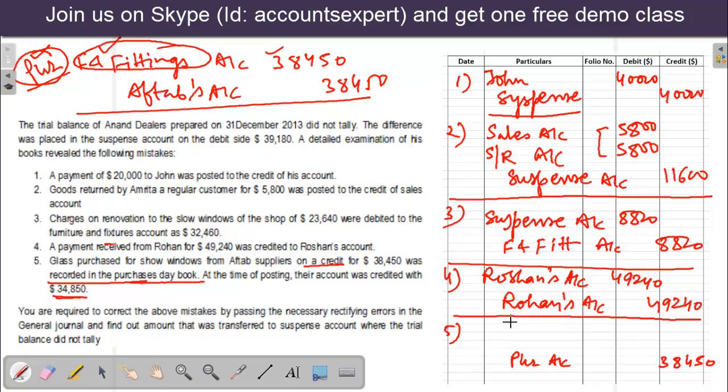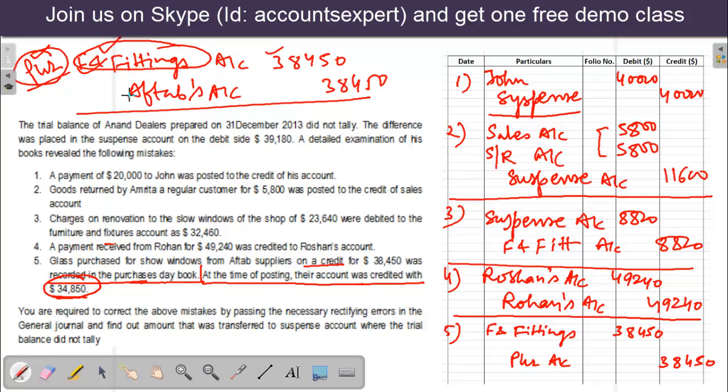And furniture and fittings account was not debited, so I will debit furniture and fittings account now, with 38,450. Then see, at the time of posting their account was credited with 34,850.